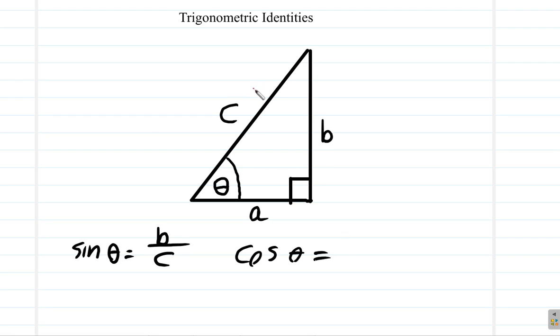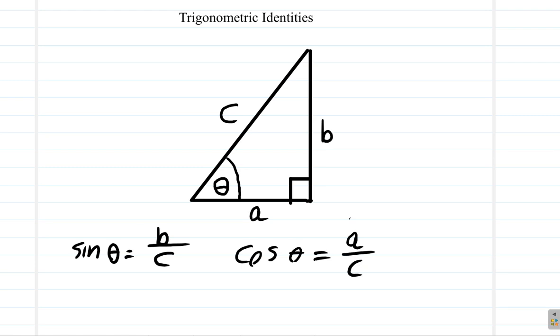Remember that both C and A are adjacent to theta, but A is the one considered the adjacent, since you consider C already as the hypotenuse, right? Just revising what you would have known already. So the cosine of theta is adjacent, which is A, divided by the hypotenuse C. Alright.